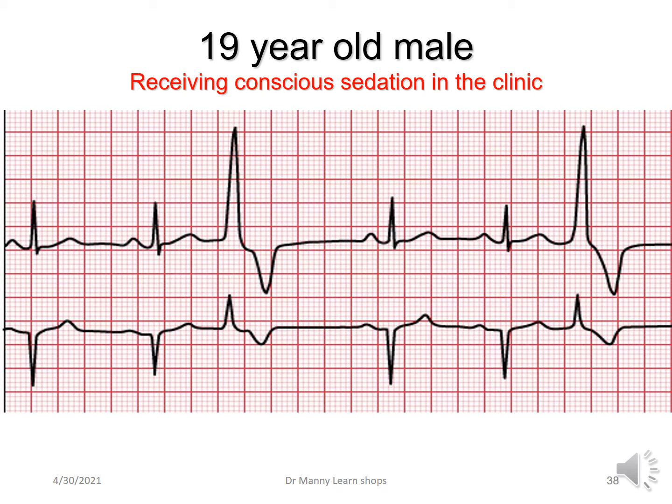Now you've got a 19-year-old male who's receiving conscious sedation in a clinic. Maybe he's having a dental extraction. This is a heart rate approximately 70 beats per minute. There's a sinus rhythm with unifocal premature ventricular complexes.